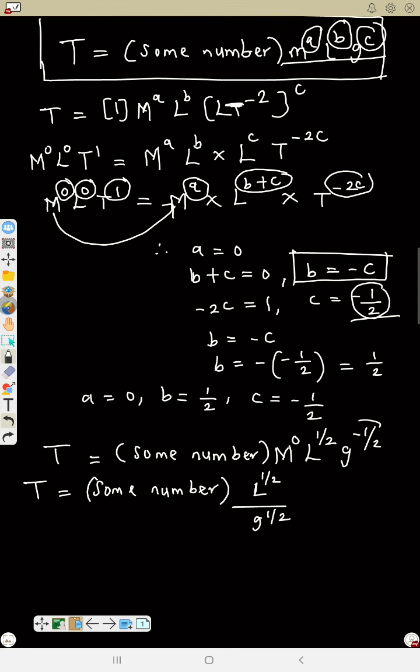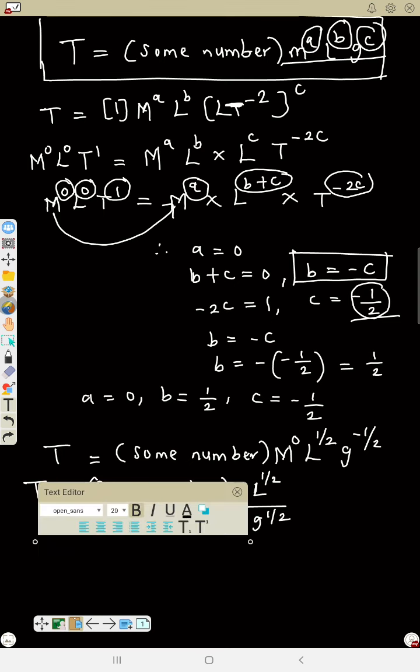You know that g is raised to power minus half, which means g raised to power minus half is equal to 1 over g raised to power half, so it will come under the L. Now if you look at these two, half is common.